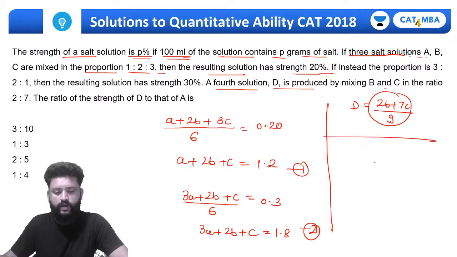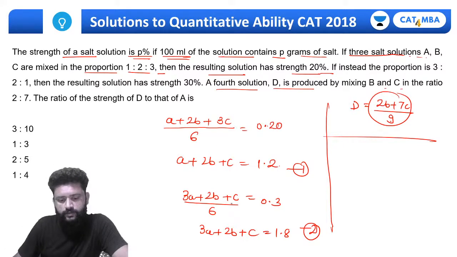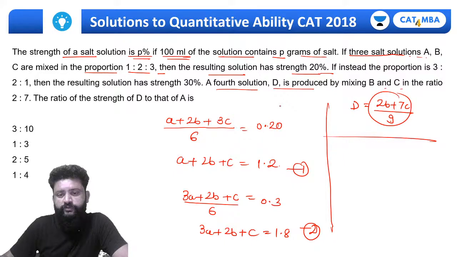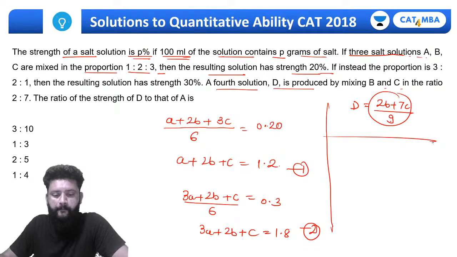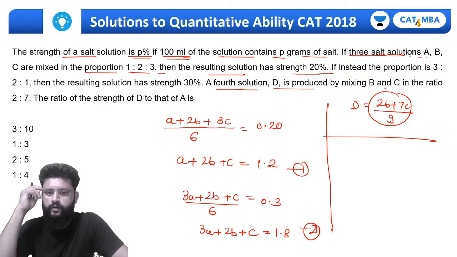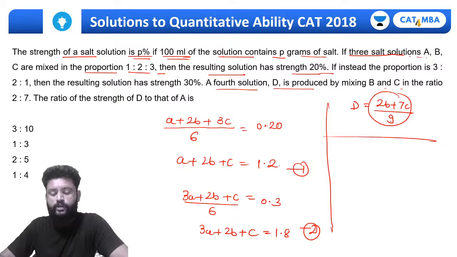Now just by using equations 1 and 2, if I subtract 1 and 2, we won't get it. But if we add these two, because that's an equation of 3 variables, we cannot simply add or subtract and get the value of A and C. Definitely you have to do some adjustment here.